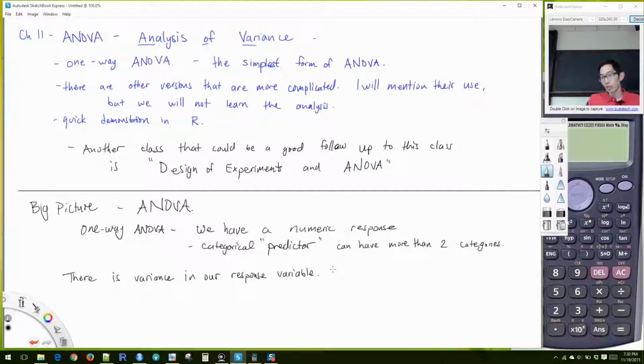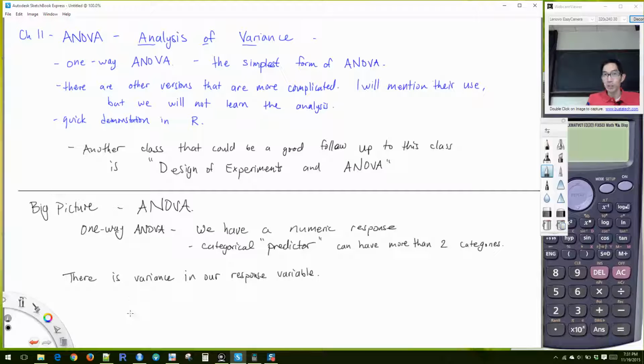And then on top of that, men have different heights from each other and women have different heights from each other. But part of the height differences could be explained by the existence of different sexes. And that's what we're trying to do with ANOVA.